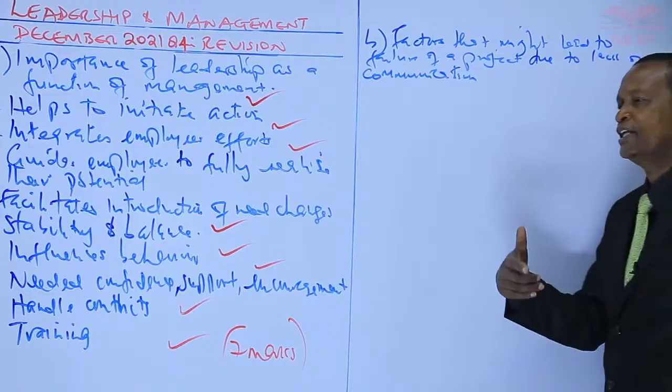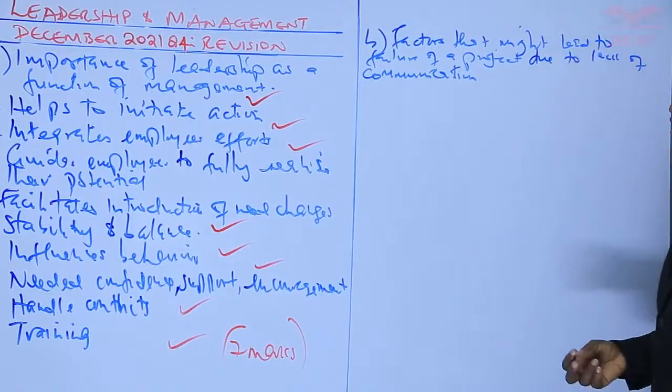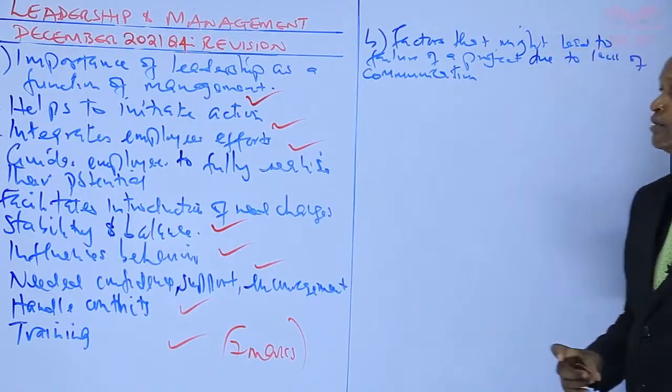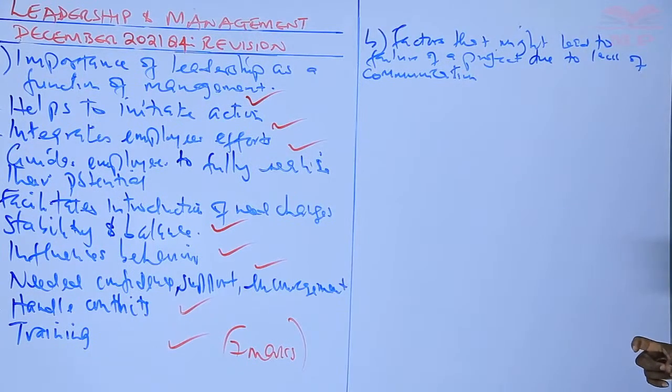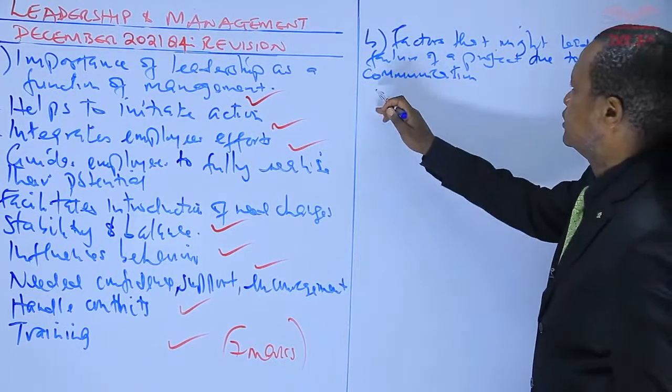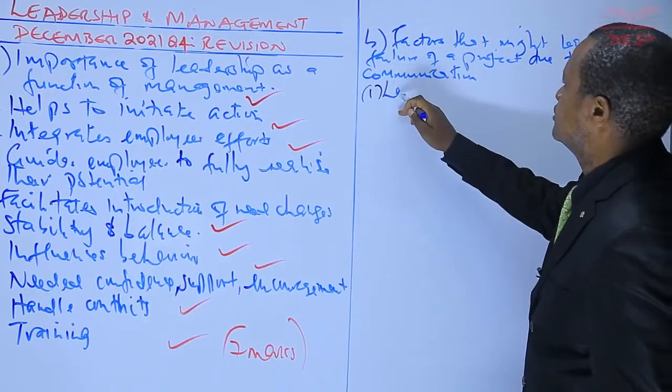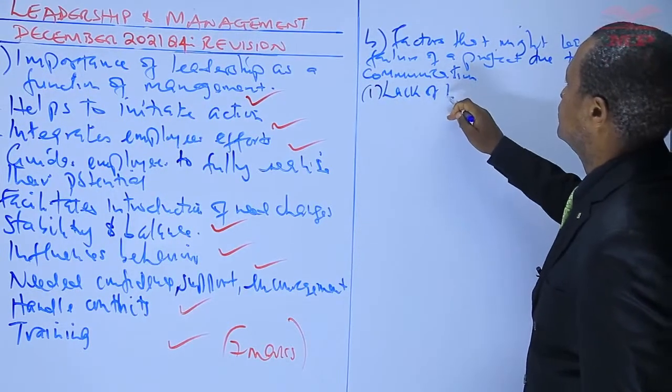Transparency means openness. When the communication channels are open, then that can lead to success of a project. So number 1, lack of transparency.